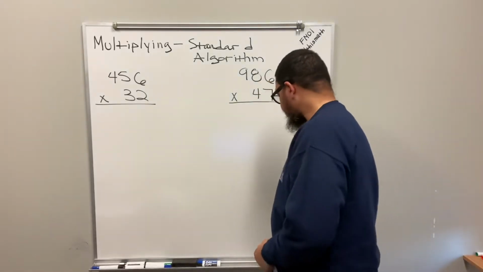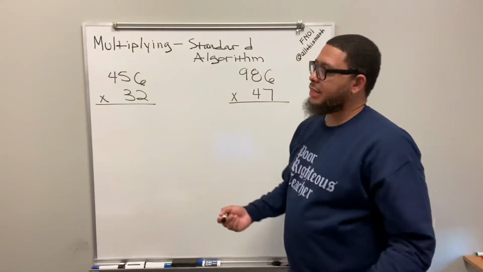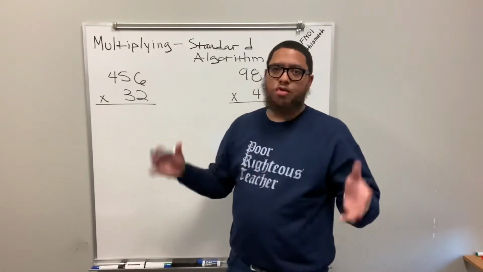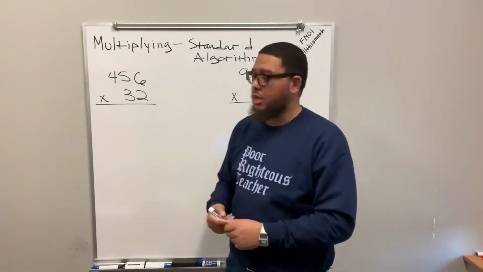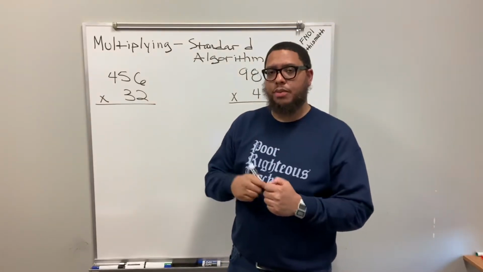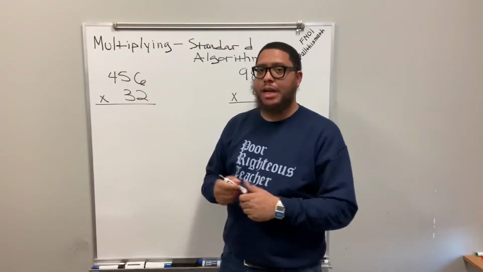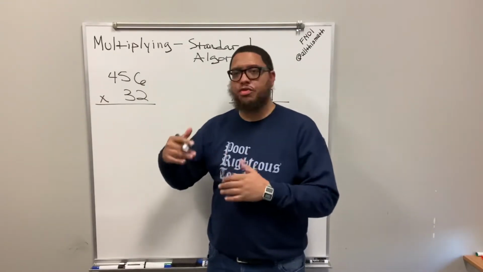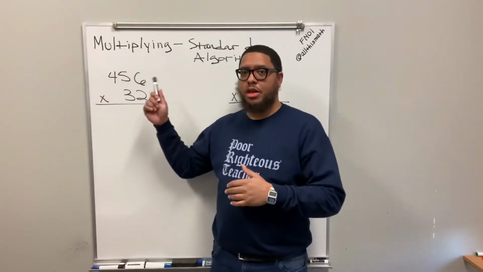All right. So basically what you do is you look at the number that's on the bottom row. I'm gonna give you the overview before we get into the specific details. You look at each individual digit of the number on the bottom row, and you're gonna multiply each digit from the bottom row by each individual digit from the number on the top row.